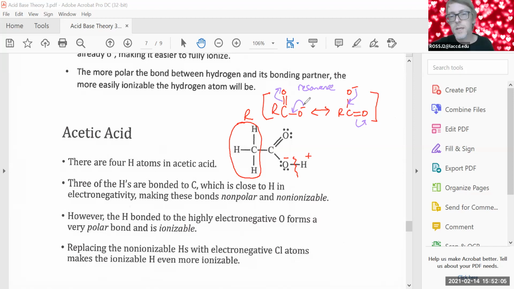Now this is resonance. We know from grade school somewhere that resonance leads to stabilization. So this is a carboxylic acid, resonance stabilized.